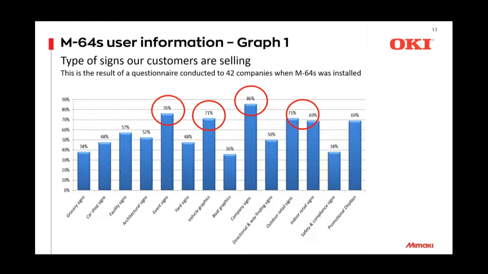These are the things why customers are actually purchasing the M64. You can see we're outlining some of these applications, and they're very much production orientated. A lot of these things can be done more in volume, or need to be done more in volume, and the investment's been made through these companies because of that benefit through the M64.